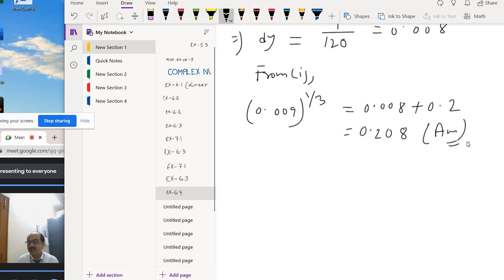This is the approximate value of 0.009 to the power 1 by 3.